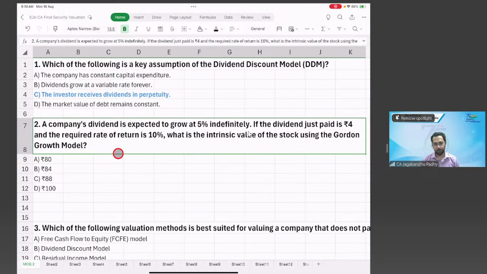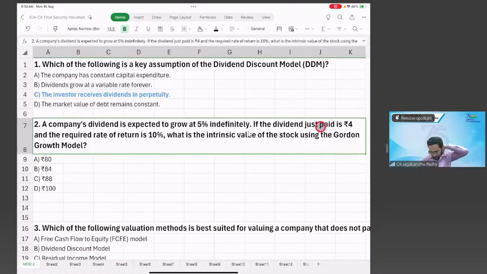Question number 2. A company's dividend is expected to grow 5% indefinitely. If the dividend just paid is 4 and the required rate of return is 10%, what's the intrinsic value of the stock using the Gordon model? 80 rupees, sir?